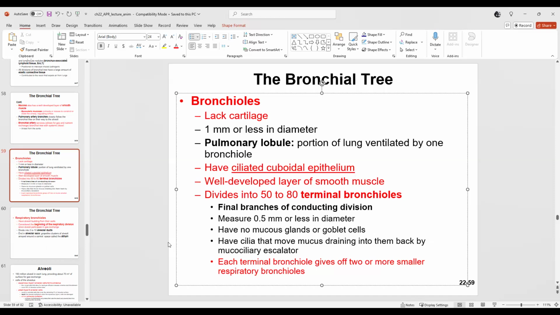Now, the big one is this: smooth muscle. When the bronchioles contract, they really start to contract and allow us to cough and eject air outwards.